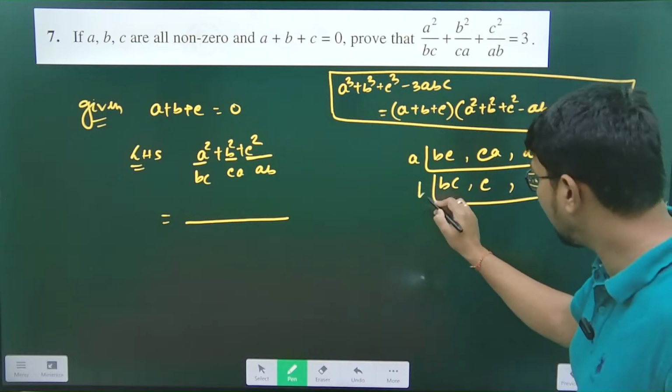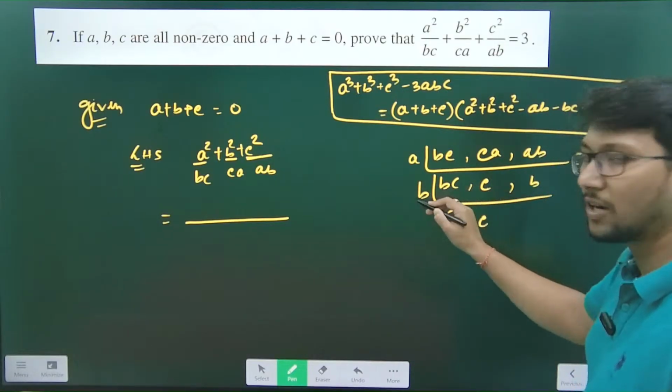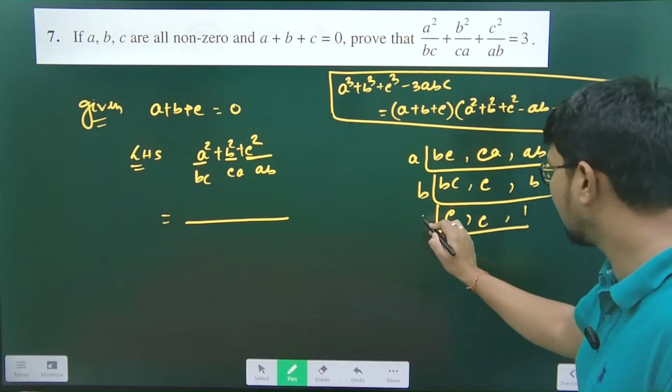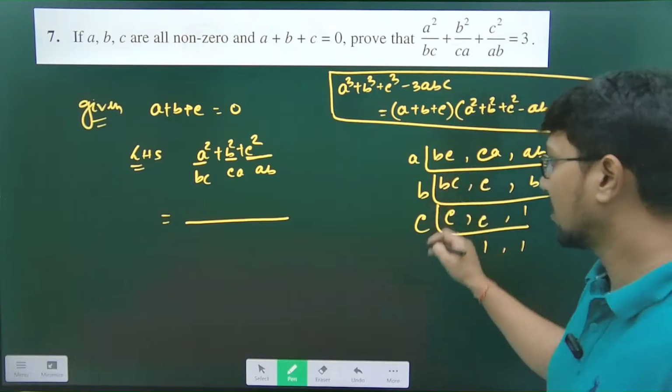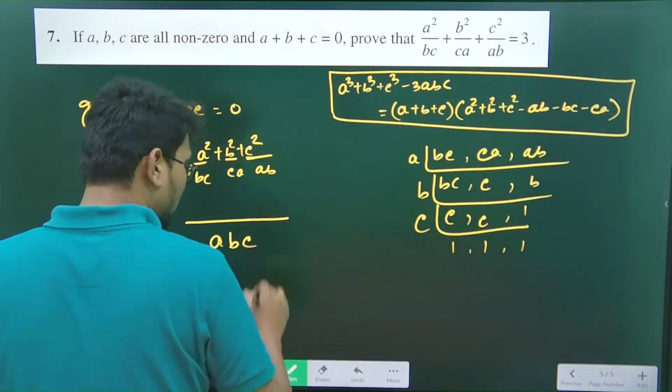Now divide by b, you get c, and here you get 1. Now divide by c, and you get 1, 1, 1. So the LCM is a into b into c.